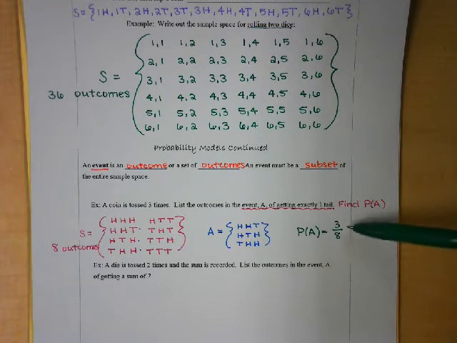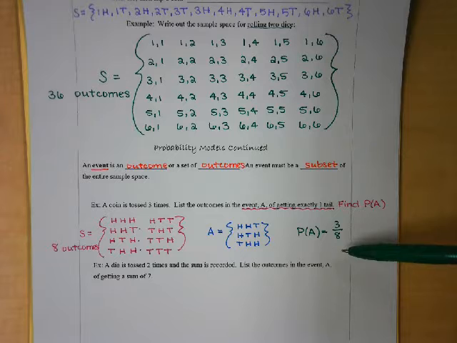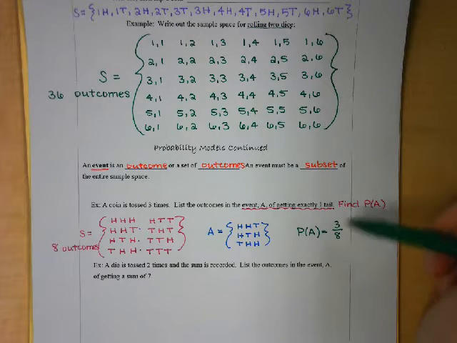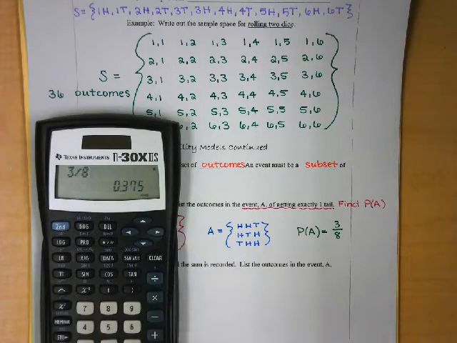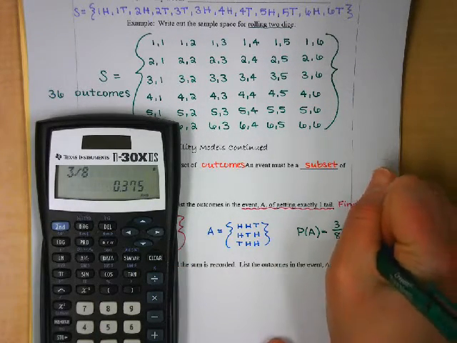So very rarely will you see it written as a fraction. It does happen, but it's rare. So I'm going to ask that you guys turn your probabilities, even if you have it as a fraction, into a decimal for me, please. So 3 divided by 8 is 0.375.